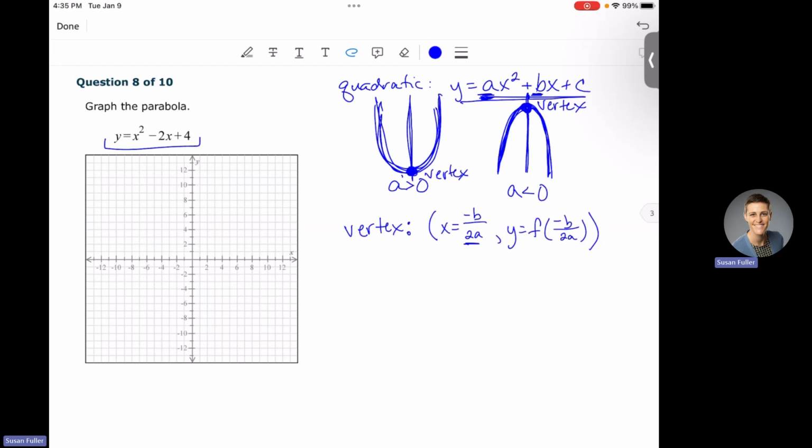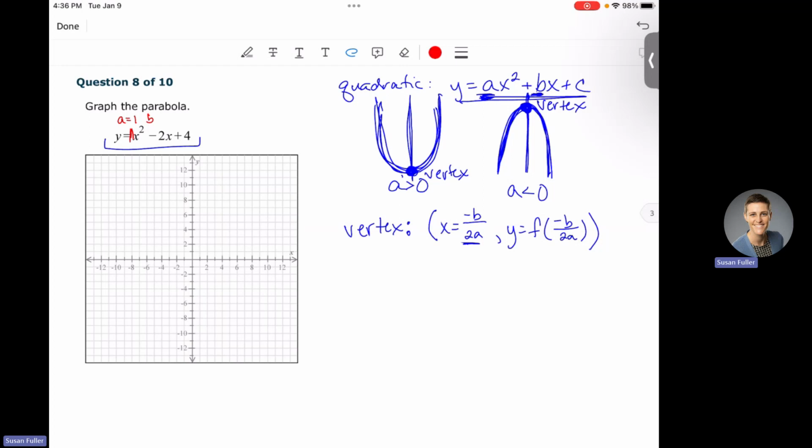It'll need the vertex and 2 points on either side of your vertex. So let's start finding our vertex in this problem. So in this problem, our a value is 1. The number in front of my x squared is 1.